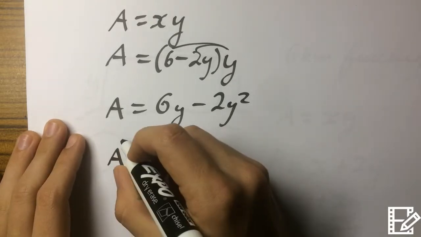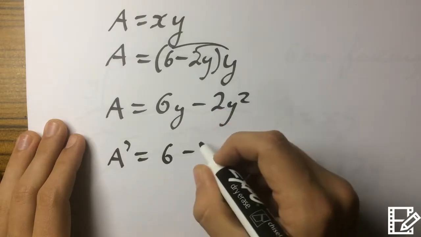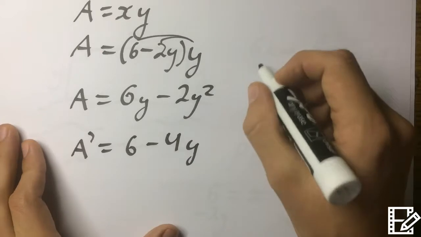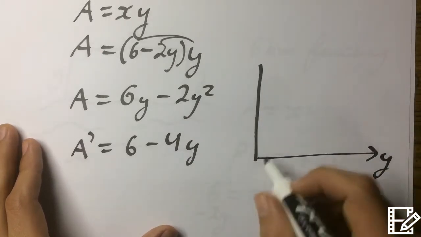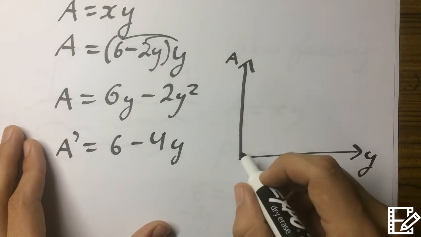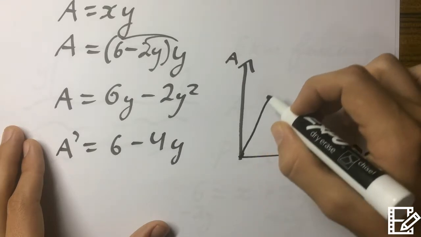So that means we find the derivative, which will be 6 minus 4y, and then we let it equal 0, because there's a graph that shows y and the area, and how y affects the area. If y is very small, the area is very small, and as we increase y, the area gets larger.